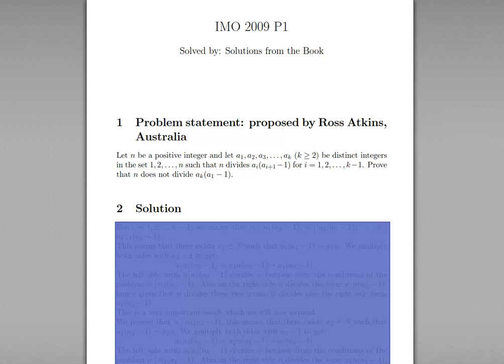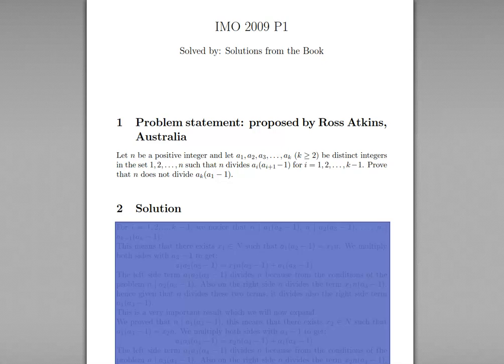Generally, problems number 1 and number 4 are the easiest and most accessible ones. Problems number 2 and number 5 are a little bit more difficult, but also accessible. And the most difficult problems are problem number 3 and number 6 of each day. We start with IMO 2009 question 1.